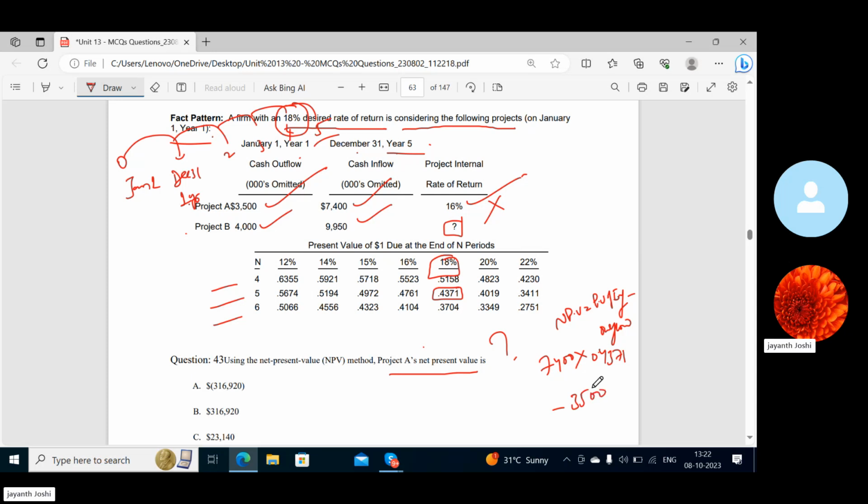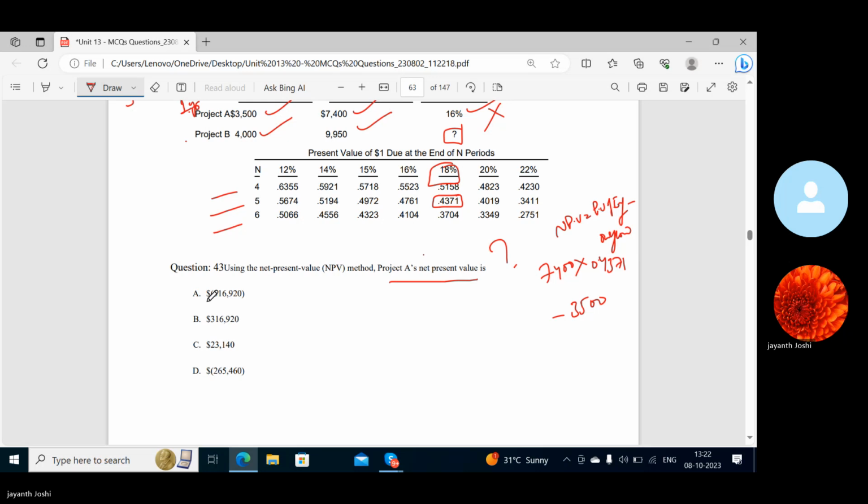Can you do this? 3,234.54 I am getting. Minus 35,000 is negative NPV I am getting, sir. How much will that be? 2,65,460. Done. Okay, this is the answer.